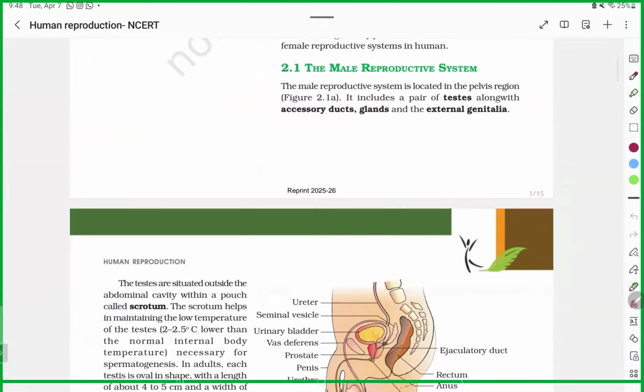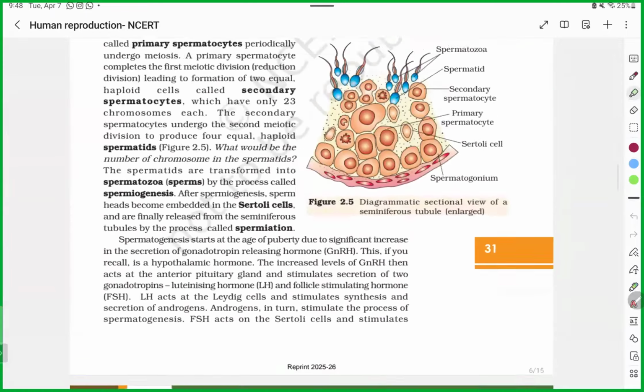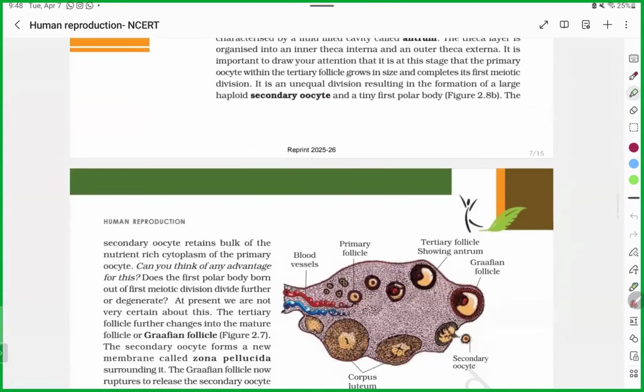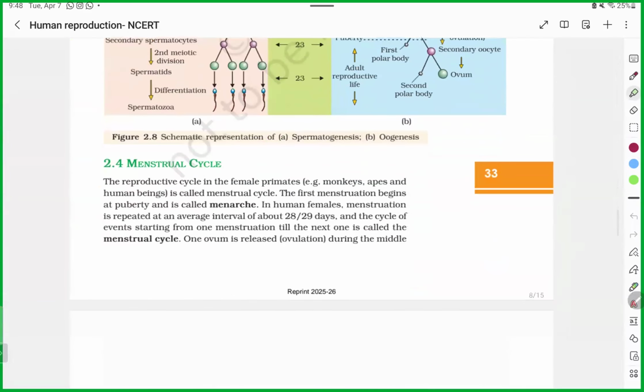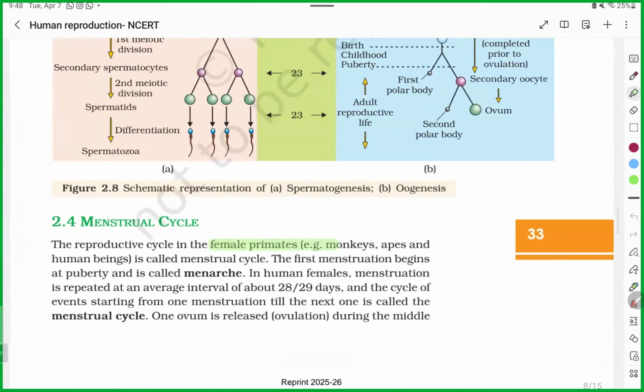Okay, come to this cycle. Menstrual cycle. The reproductive cycle in the female primate, especially monkeys, apes, and human beings, all of which are primates, is known as the menstrual cycle. Right? First, menstruation begins at puberty, and this first is menarche.